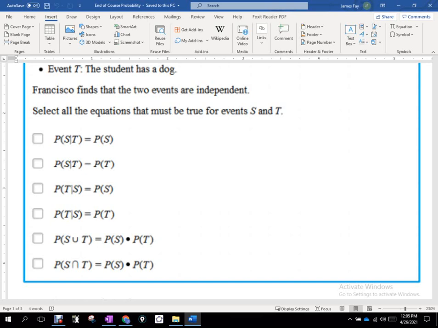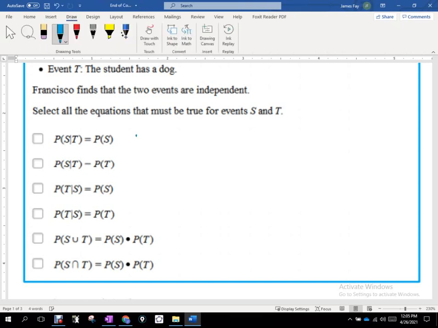So if these are independent events, think about this, okay? What this one here says is the probability that they have a cat given that they have a dog is equal to the probability that they have a cat. All right.